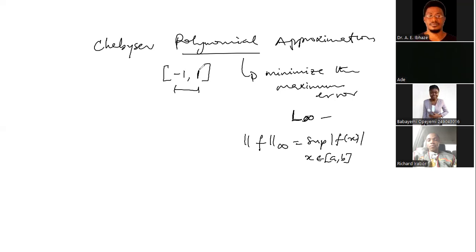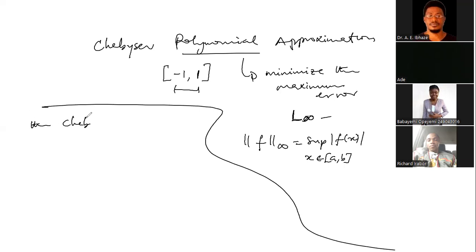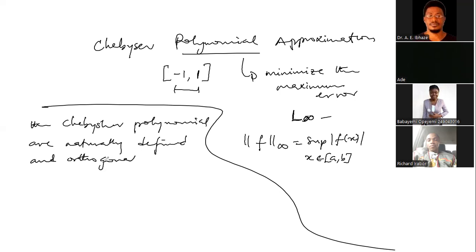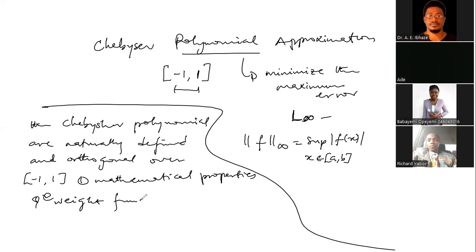Okay, so the Chebyshev polynomials are naturally defined, and are also orthogonal over the interval -1 to 1 because of, one, their mathematical property, and also the weight functions.